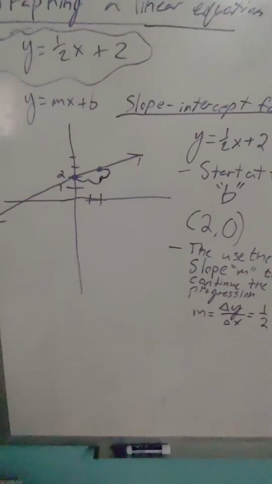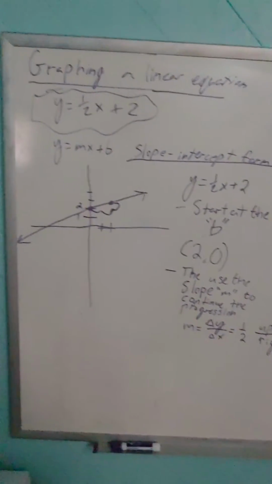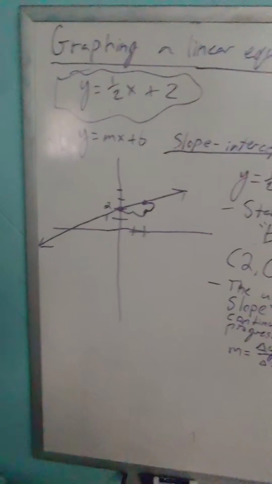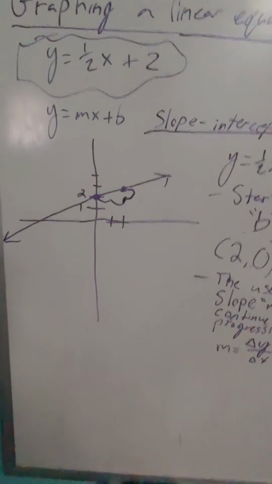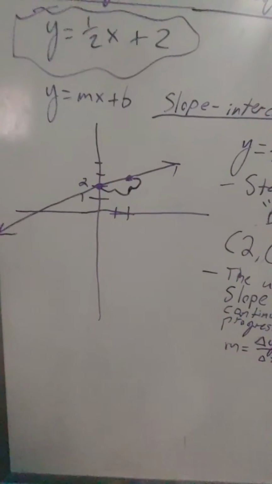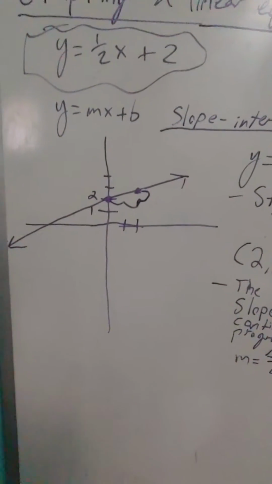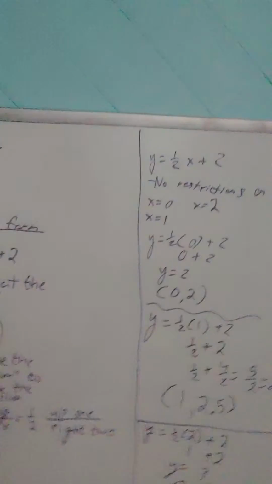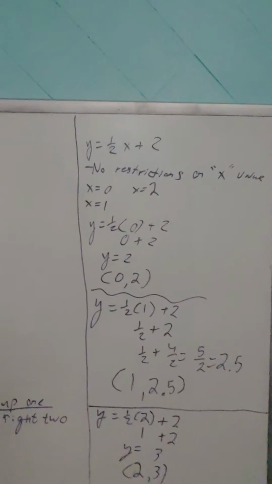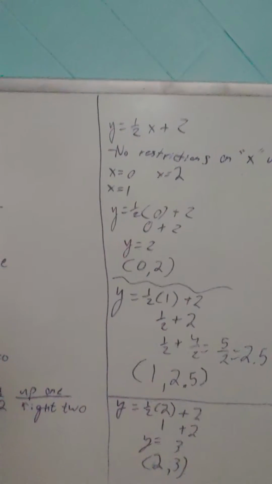So that's that. Now, there's another way to do this, and if you're given an equation and you don't remember the formula, this is a function. If you ever forget how to do this, then just remember, check for restrictions, and if there are things you can't apply to the function, plug in other numbers for x. Since it's a linear equation, it's going to go forever in both directions.